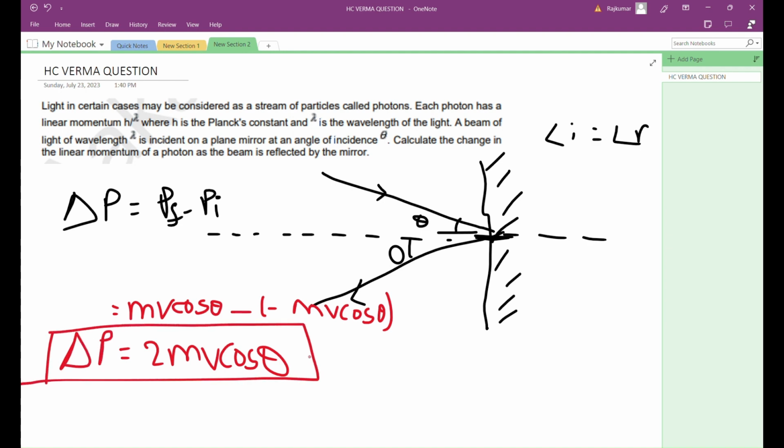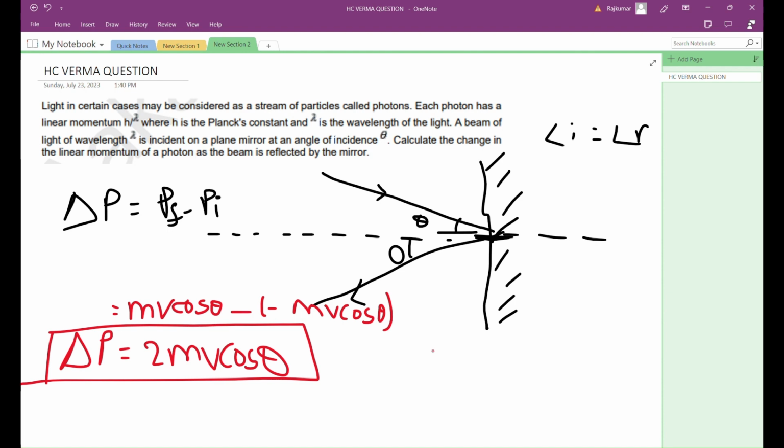So after this, what they're saying, this is not over, friends. We just got up to here, that is the momentum. He is saying that the linear momentum is h by lambda. Okay, so this is actually an atomic structure topic, but it is linked with the momentum chapter. See, it's including Newton's second law.